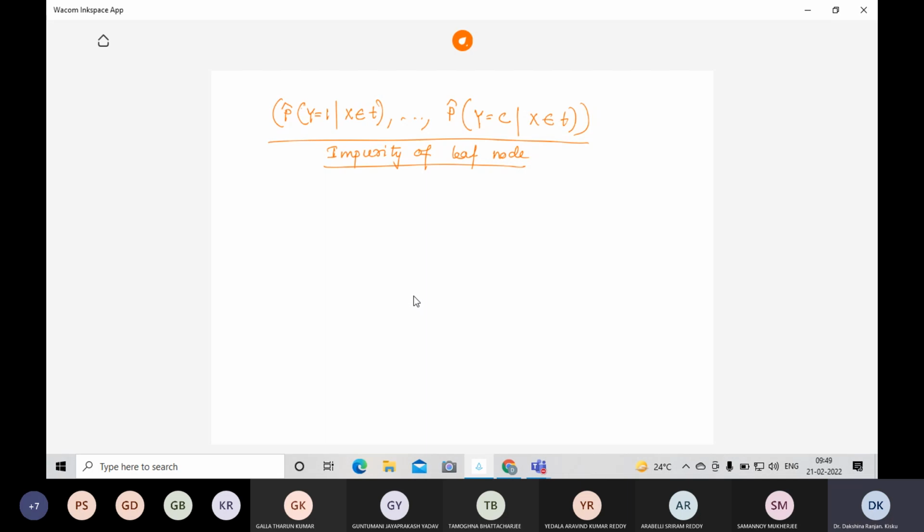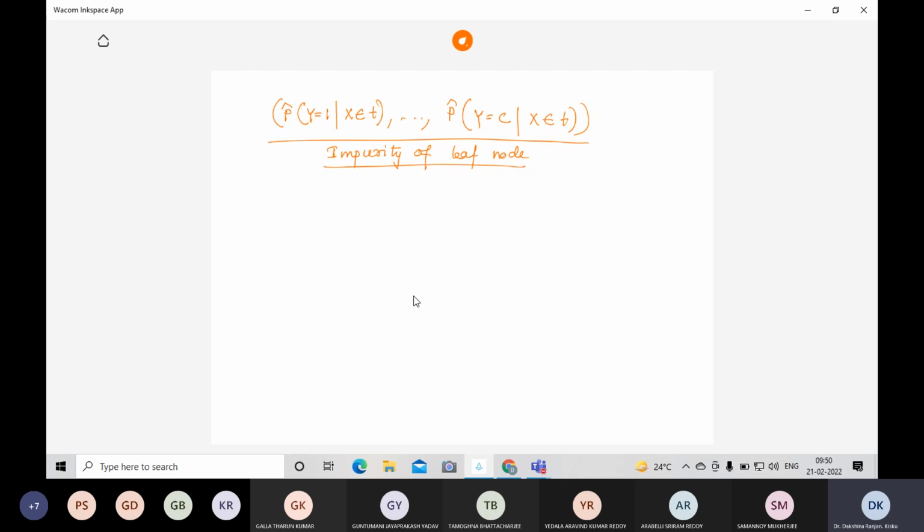Okay, so now there are a few questions that we need to answer or understand for implementing a decision tree. The first question we can ask is how to decide which feature should be located at the root node. This is a very crucial question.